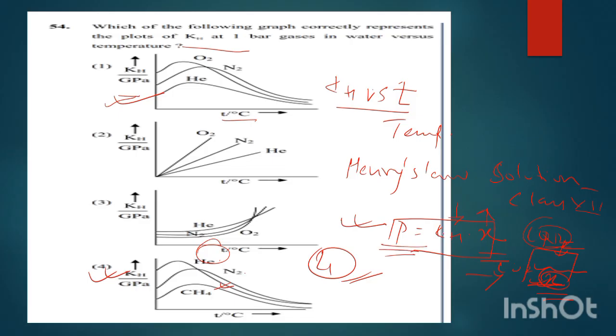Since mole fraction first decreases with temperature then increases, KH must first increase then decrease. Therefore option 4 is correct. Also, since helium is a noble gas, it must have least solubility, therefore maximum value of KH. Therefore answer 4 stands.